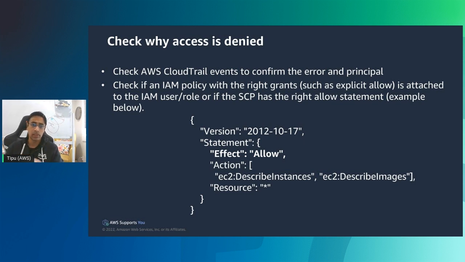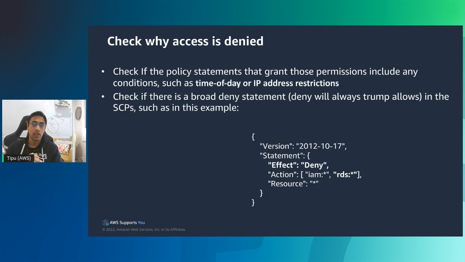And then, as you can see in this example at the bottom, this is an IAM policy which has the effect allow of EC2 describe instances and EC2 describe images. So I'm explicitly allowing, using this policy, the specific person I'm going to attach this policy to, to describe instances or describe images on any resource.